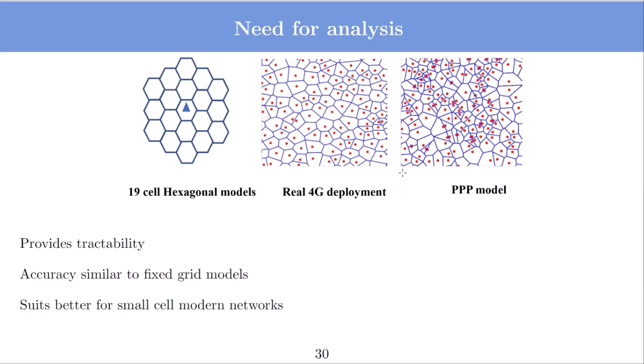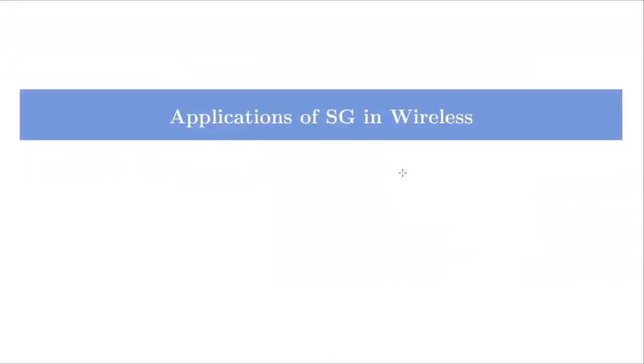So you can look at the expression and find out what kind of relation different parameters have on each other. Okay, and that was conventional 3G and 4G models. But as we are moving ahead, we are seeing more and more small cell deployments, and they are even more random. Right, you can see two small cell towers which are really close to each other or even on top of each other. So stochastic geometry has become more and more relevant these days for modern networks.